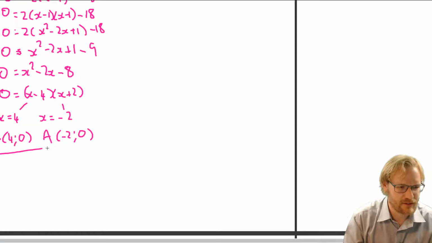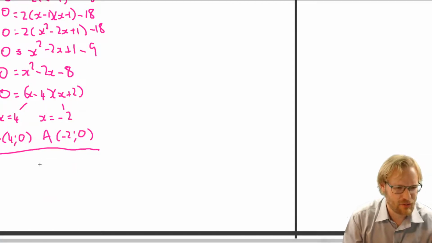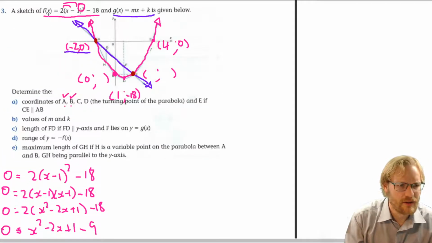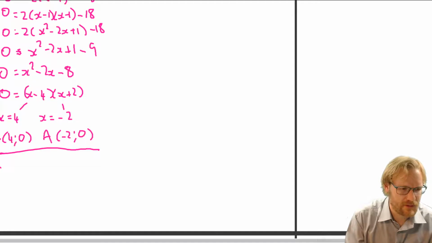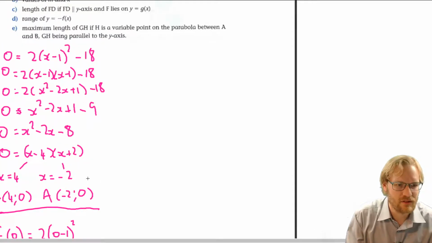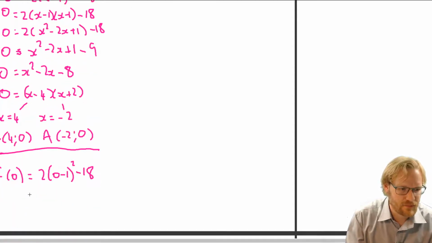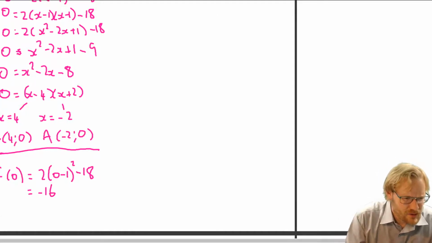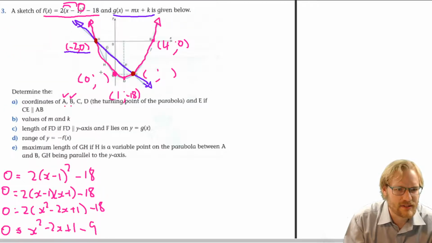You'll see why I was wondering about another way, but let's just go with simple. f(0) equals 2(0 − 1)² − 18 equals, that's 1, that's 2, 2 − 18, −16. We're working out this point here, which was point C, so (0, −16).